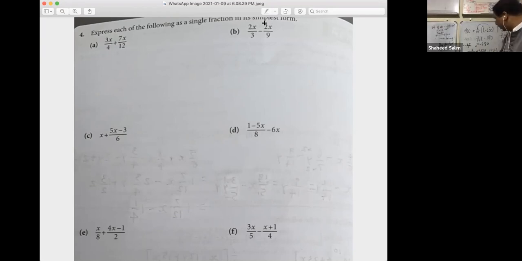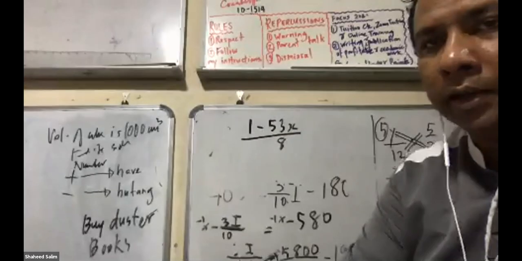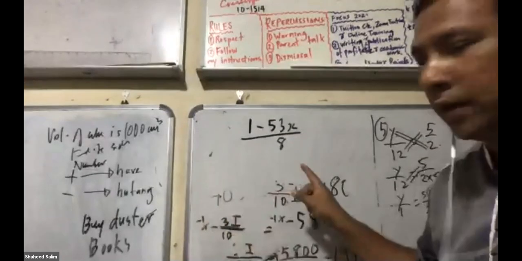Hold on, let me write it down. 1 minus 5, x. 1 minus 5x over 8. That's your final answer? Yeah. Like this? This is your final answer? Yes.